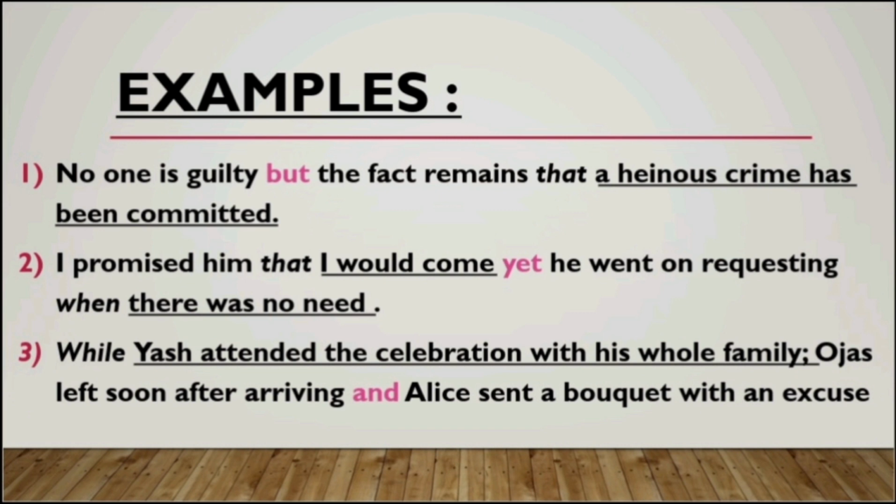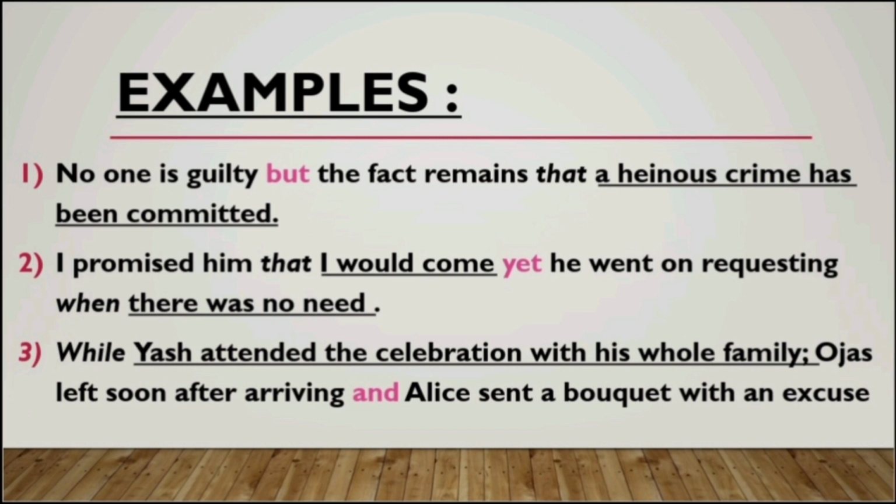The next example is: I promised him that I would come, yet he went on requesting when there was no need. I promised him is an independent clause. That is a subordinating conjunction. I would come is a dependent clause, but we don't know where to come or whatever the information is. Yet is a coordinating conjunction, right?